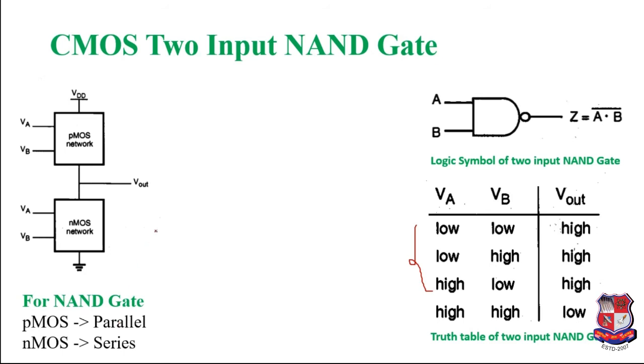So let's design our CMOS 2-input NAND gate. Here you can see that both NMOS are in series. So I will draw 2 NMOS transistors in series over here. Let's say this is VA and this is VB. This will be ground. In the PMOS structure both transistors will be in parallel.